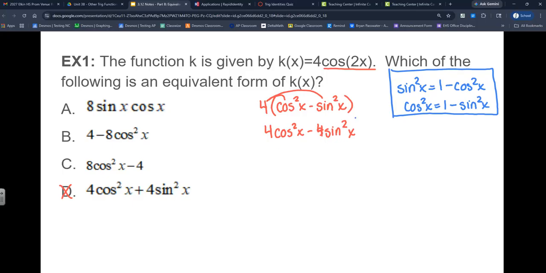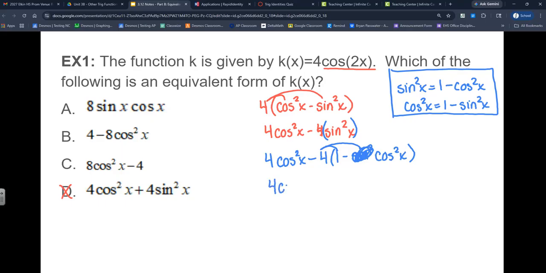So if I get rid of sine squared x, I can replace it with 1 minus cosine squared x. Sorry, it won't let me erase right here. So then, if you have this, you would need to distribute that negative 4.